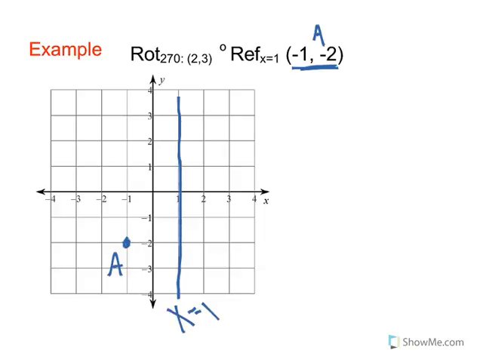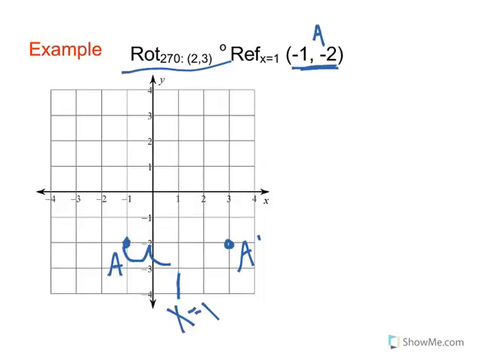This is the line x equals 1. So my point is 2 units away, so I'm going to go 2 on the other side, and that's going to be A prime. Now the second thing in our composition is rotating 270 degrees around the point 2, 3.